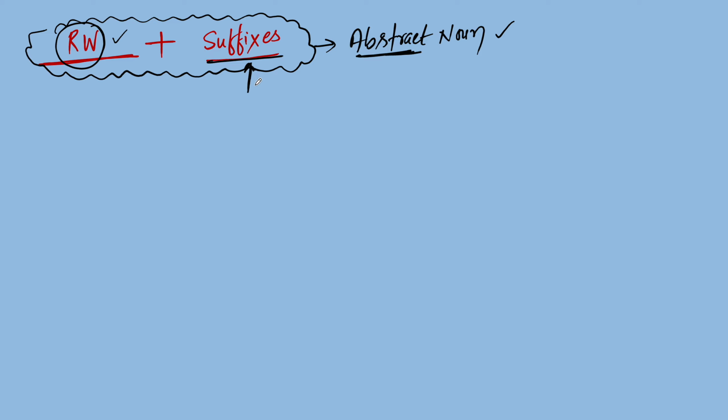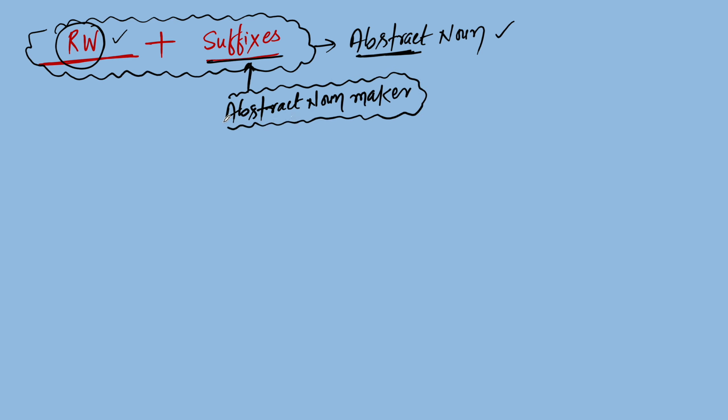So if I say affixes are abstract noun makers, is there any problem? Of course not. So I would like to tell you what sort of suffixes can be added to any root word so that we can convert that root word into an abstract noun.